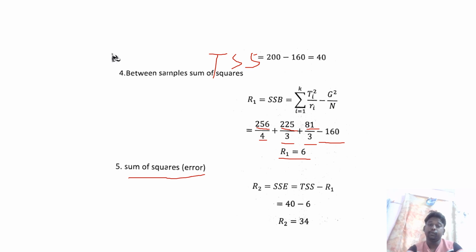As the total value and the between-sample value are known, we calculate the error by applying the above formula. SSE is the sum of square of errors. This formula is TSS minus R1. Subtracting this, we get the error value, 40 minus 16, which is 34.